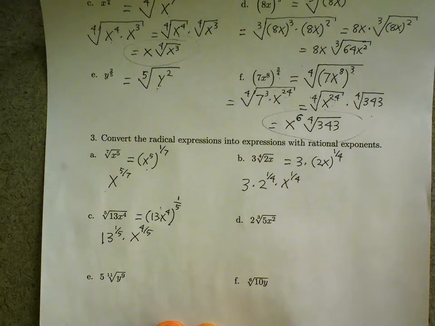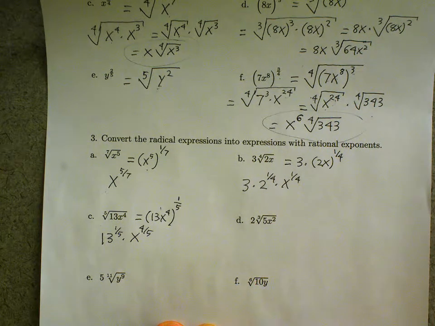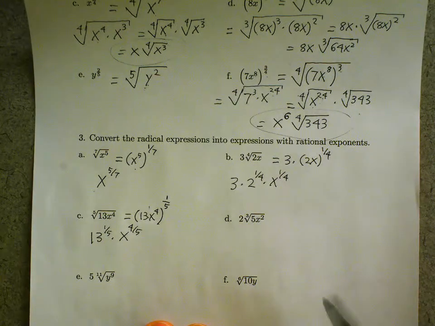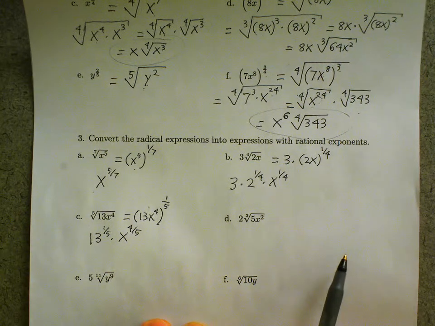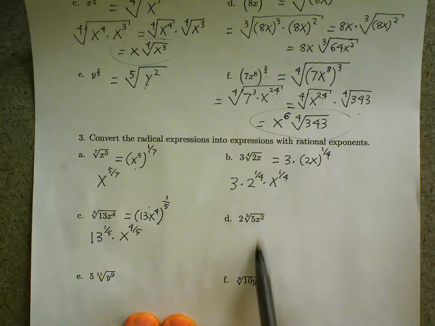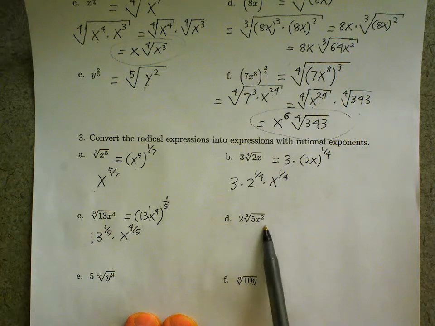Okay, so this probably seems like tedious work, but this is how you get good at knowing the properties of radicals and rational exponents. This one, 2 times the third root, or the cube root of 5x to the second.